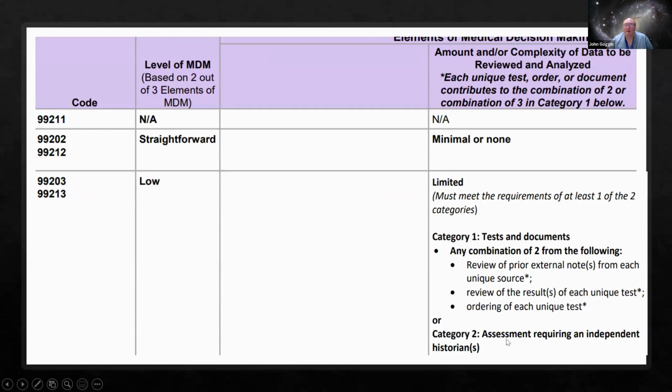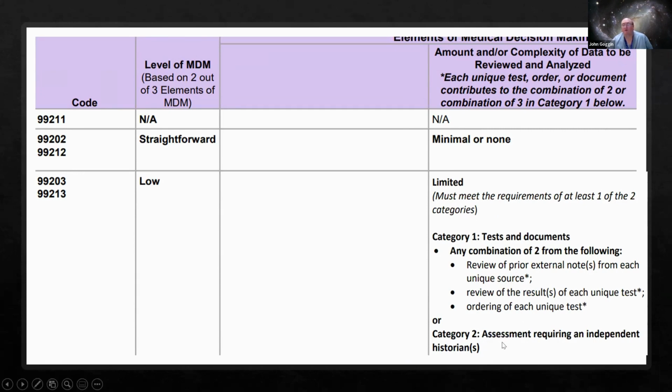And then assessment requiring an independent historian. This is kind of an odd statement, but essentially what this is talking about is if the patient has advanced dementia and you're getting the history from their medical proxy, that would meet this criteria.